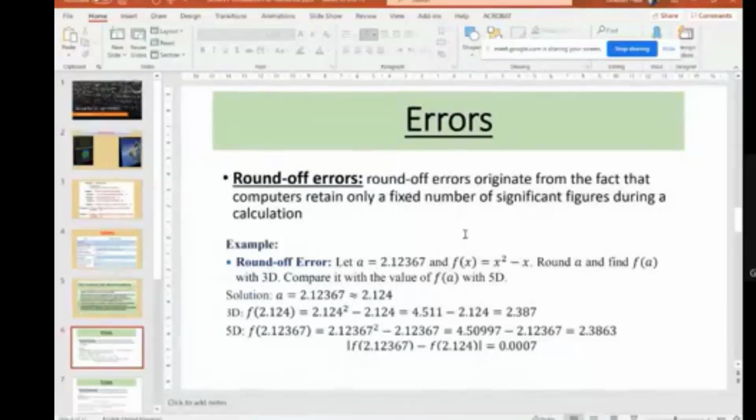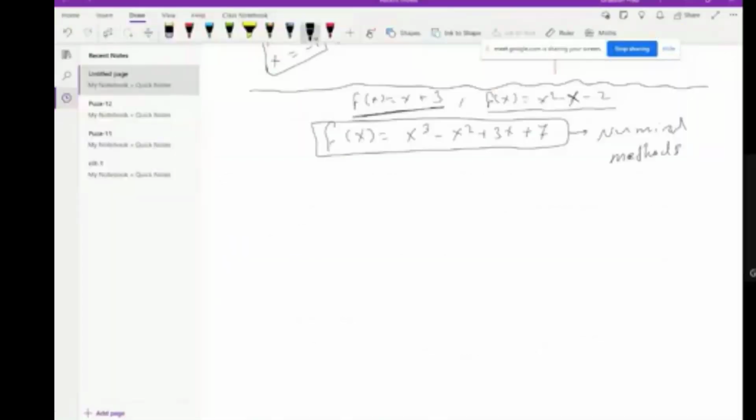But sometimes when we use numerical methods, we will get some errors, and we have many types of errors. The first one is round-off errors. What are round-off errors? I will take an example here.